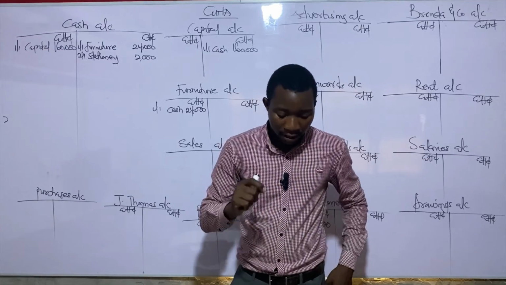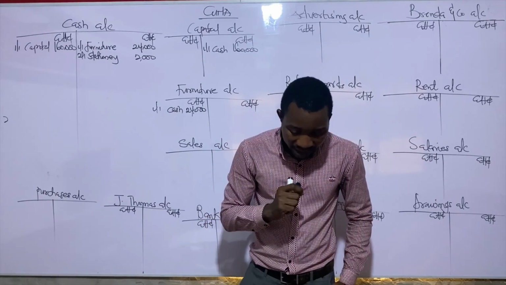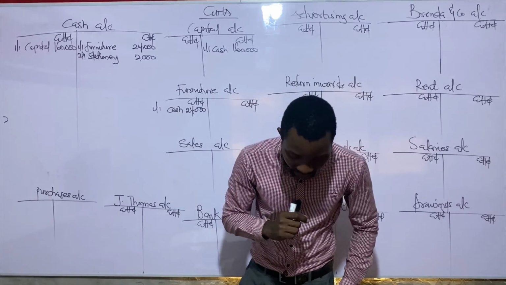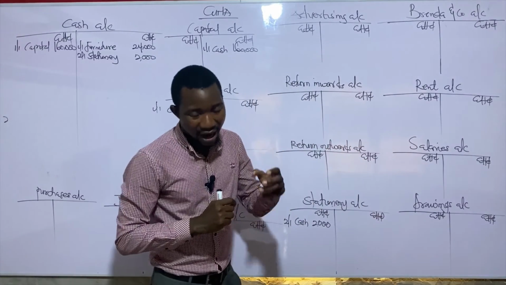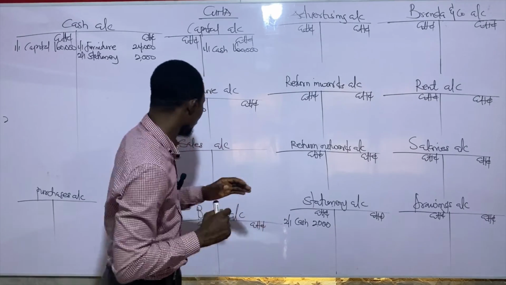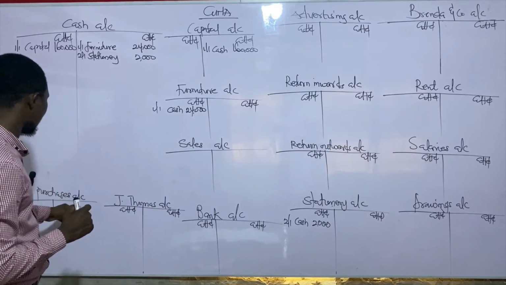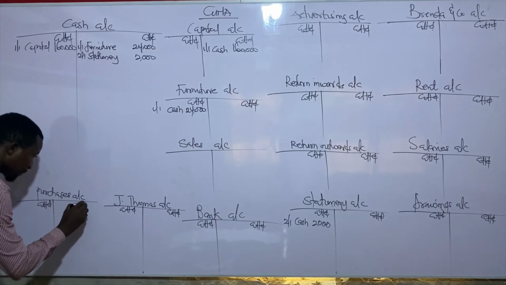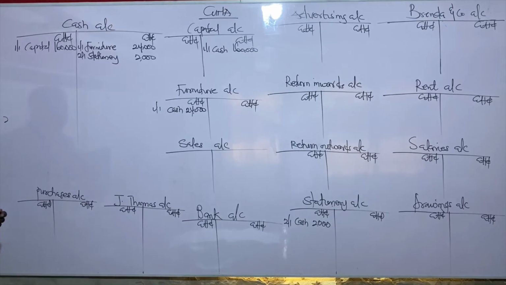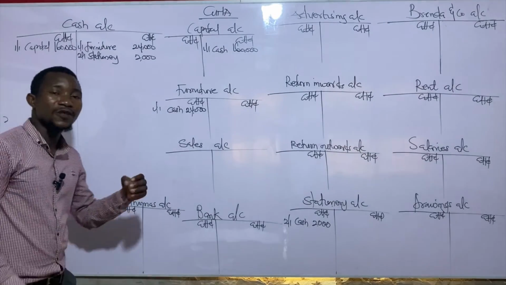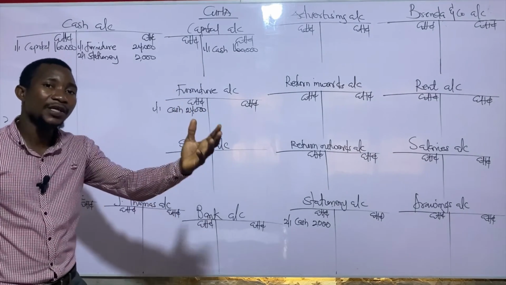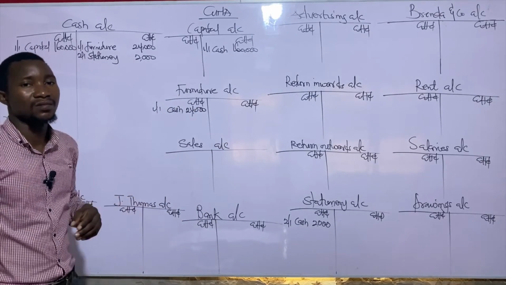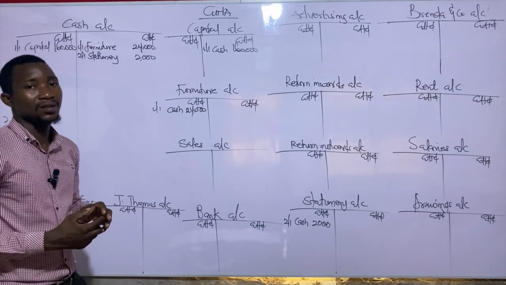So take note. On the 3rd January, bought goods on credit from J. Thomas, 50,000. Because the goods are for resale, we consider that as purchases. So we purchased the goods from J. Thomas, an example of a personal account, who is giving out the goods to the business.